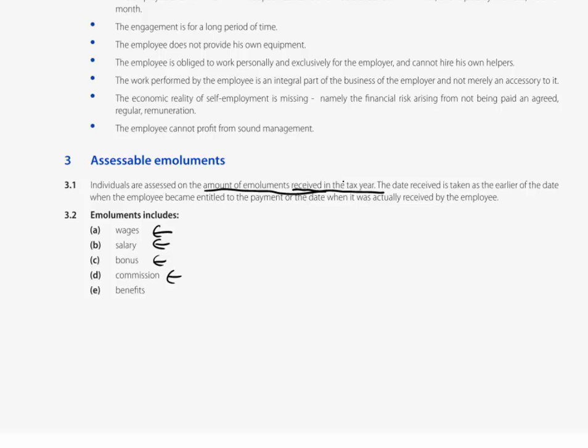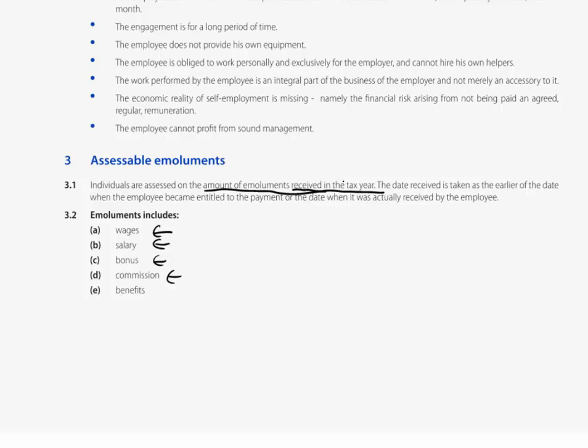Normally these would be one and the same in terms of your wage or salary. But a bonus may be awarded in relation to an employer's year end that is very different to the tax year in which the bonus, or indeed the commission, was received. So what we look at is the amount that was received. The period to which the payment relates does not matter. What matters is when it was received.